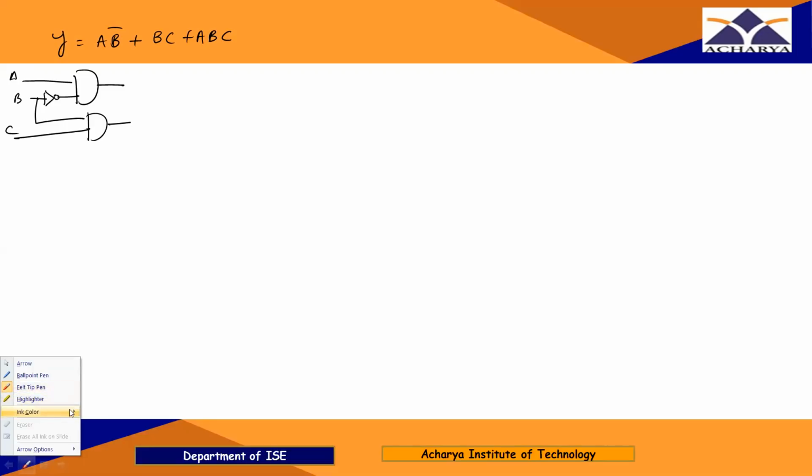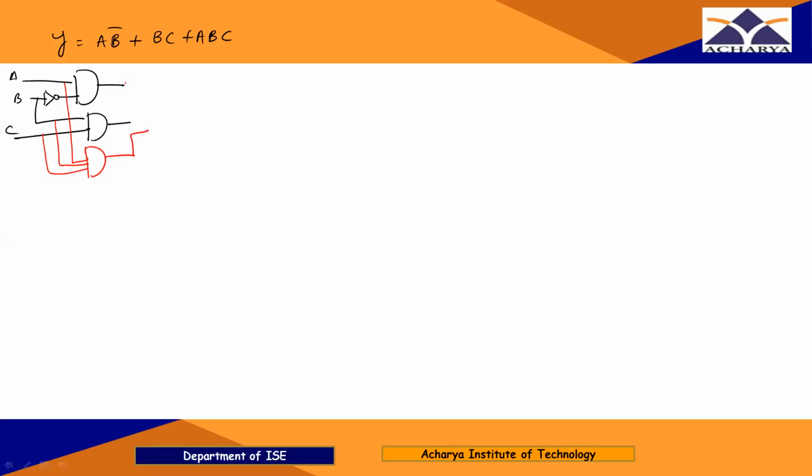So for ABC, I'll take another color. So this is A, this is B, and this is C, right? So this is the circuit.